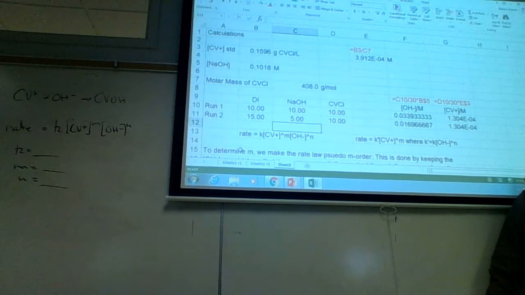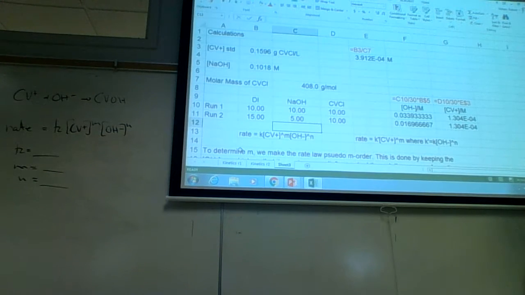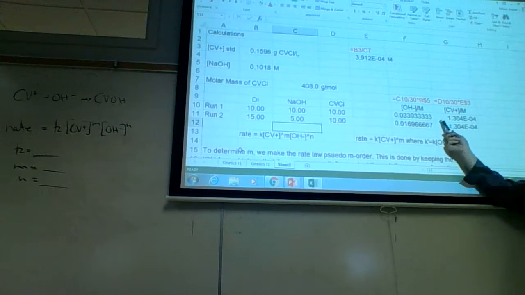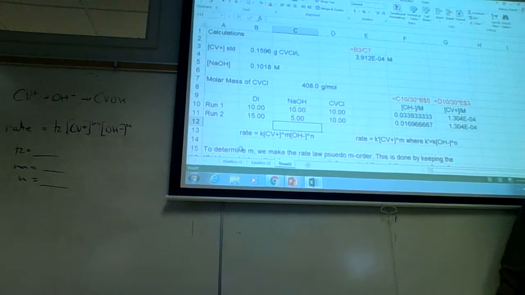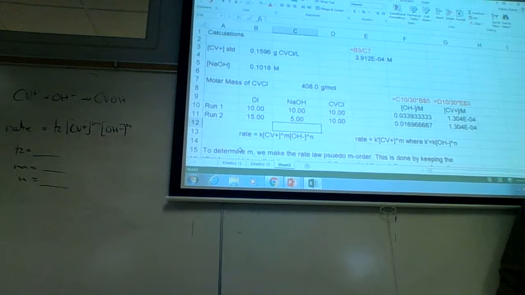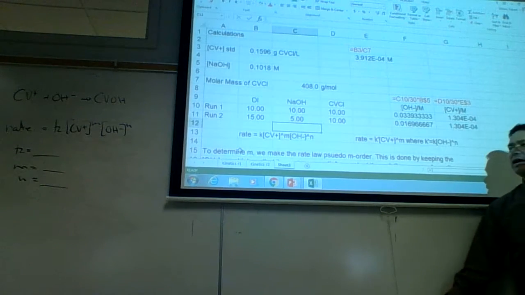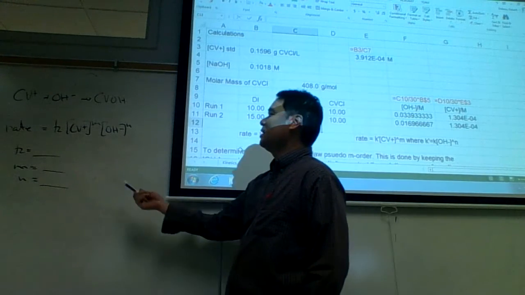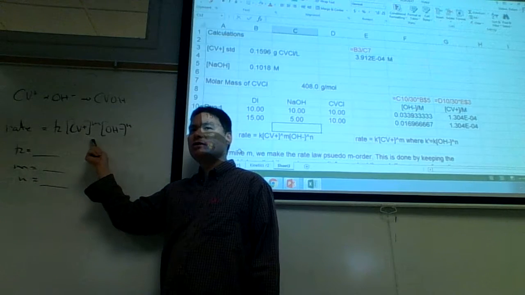In other words, this is a stoichiometric 1-to-1 ratio. However, this is not a stoichiometric mix here. We have a lot more hydroxide. There's a reason we have a lot more hydroxide. We want to keep the hydroxide concentration very high. Because if we keep the hydroxide ion concentration very high relative to the crystal violet concentration, then we can do what?